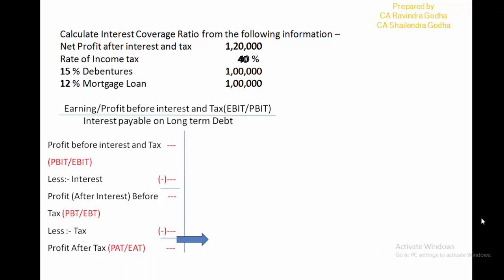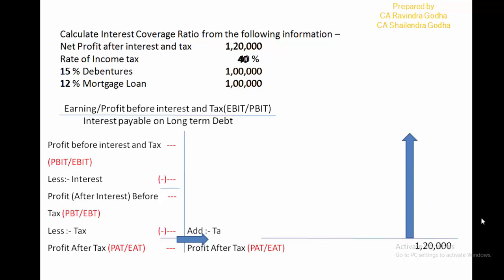This thing is given in the question. Profit after tax, that is 1 lakh 20 thousand rupees, and we have to go backward. So first we add tax. In this question, the amount of tax is not given, but the rate of tax is given. So how do we calculate tax?